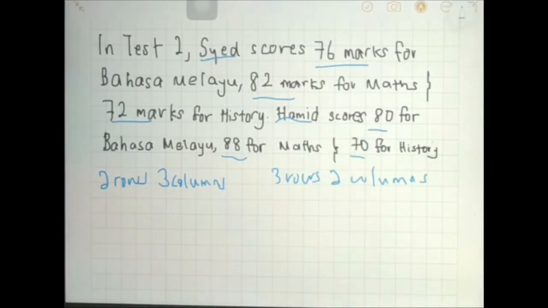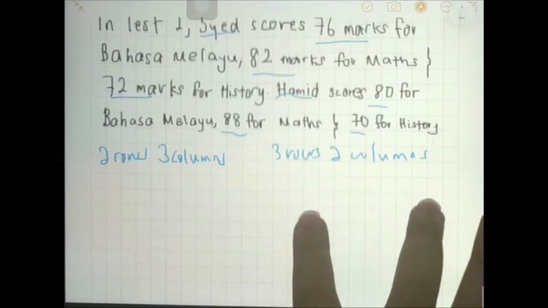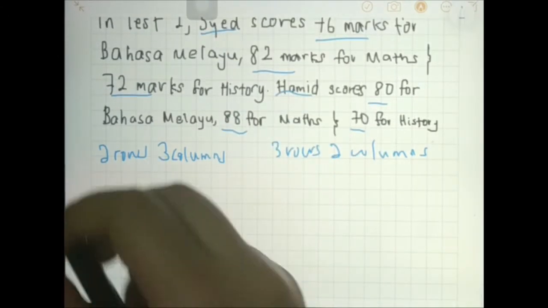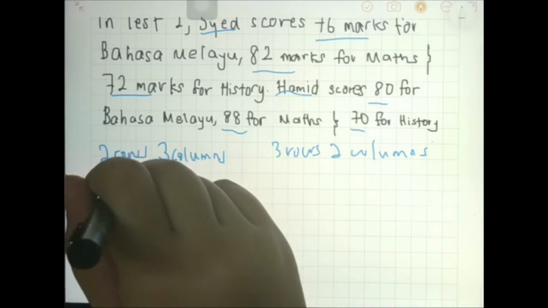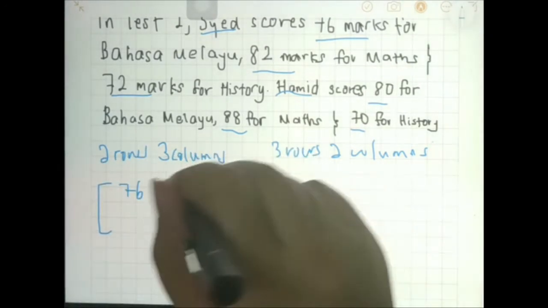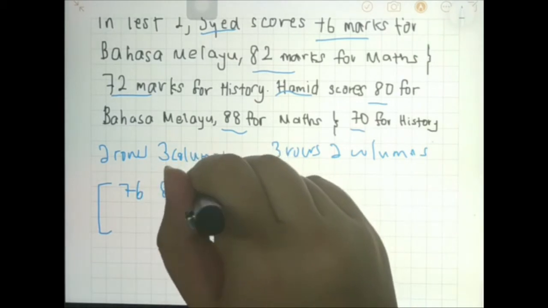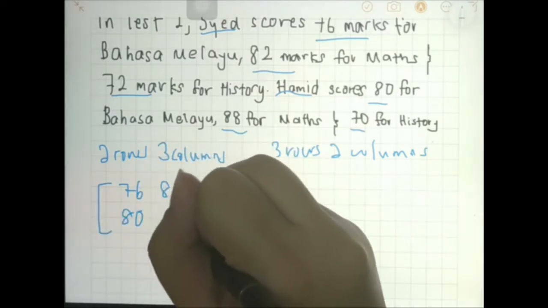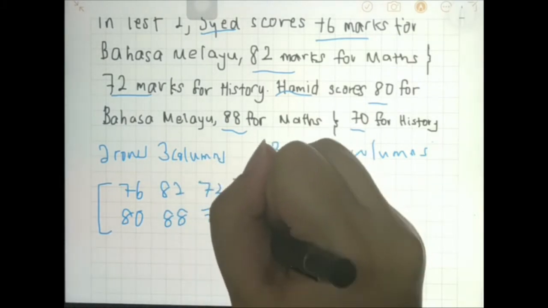Okay, so let's try writing this information into a matrix form. We have two ways to write: 2 rows and 3 columns, or 3 rows and 2 columns. So let's write here: 76, 82, and 72. Then for Hamid, 80, 88, 70.